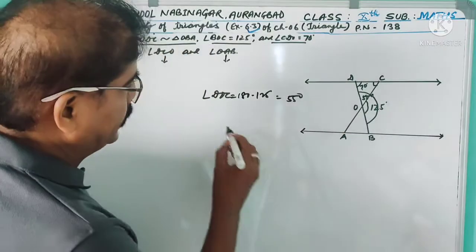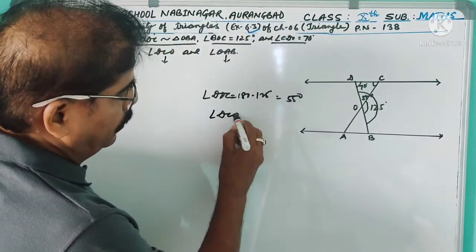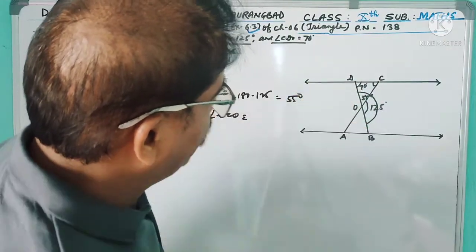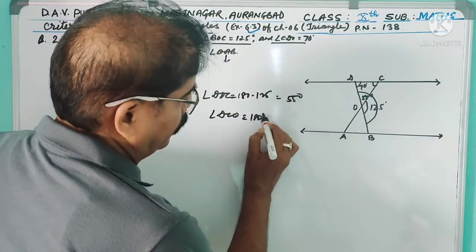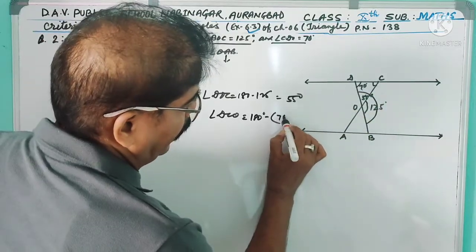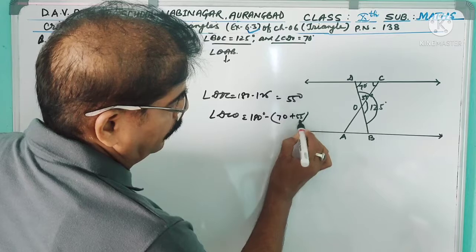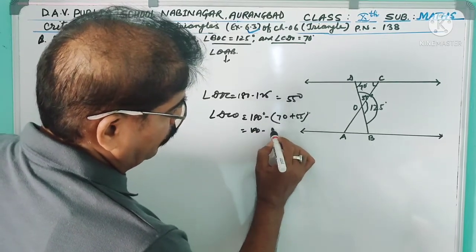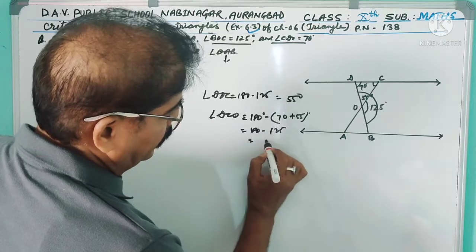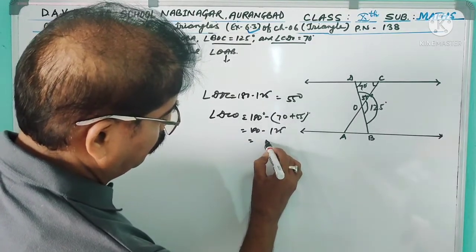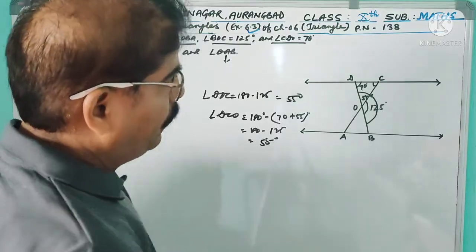So angle DCO equal to 180 minus (70 plus 55), equal to 180 minus 125, that is 55 degrees.